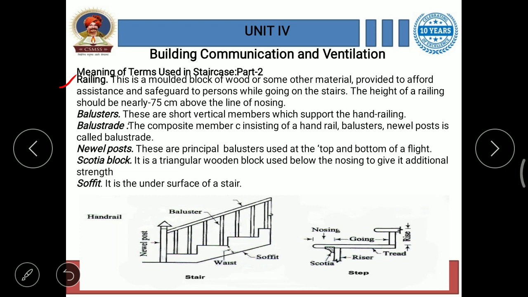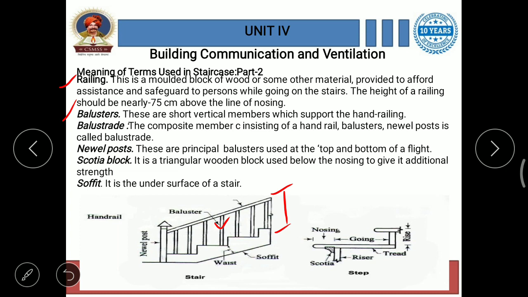The height of the railing should be nearly 75 centimeters above the line of nosing, that means this distance. Balusters are short vertical members which support the handrailing. Just see the diagrams for each term, and you will be clear about that term.